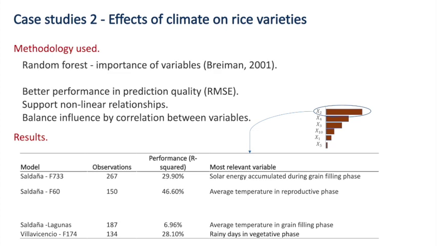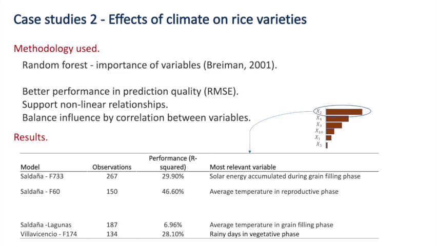The most relevant variables that we identified for each zone were accumulated solar energy in the last phase of the crop, the average temperature in the reproductive stage, and Lagunas had the average temperature, also in the grain filling phase, and the dry system was affected by the days of rainfall.